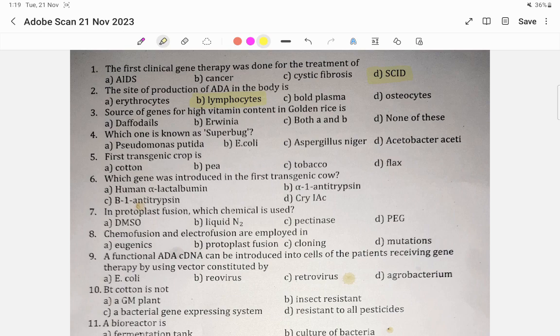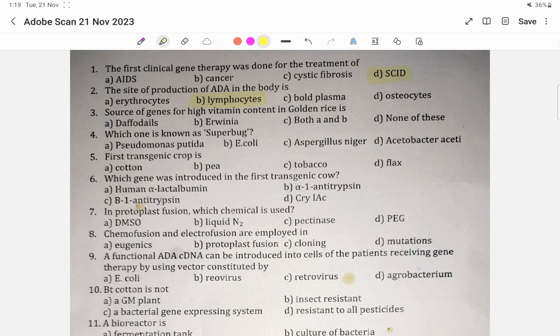The source of genes for high vitamin content in golden yellow rice. This is outside the syllabus, but they have mentioned golden rice in our book. Two genes are from daffodils and one gene from Erwinia uredovora, which is a bacterium. You might have read about daffodils in the poem by William Wordsworth.